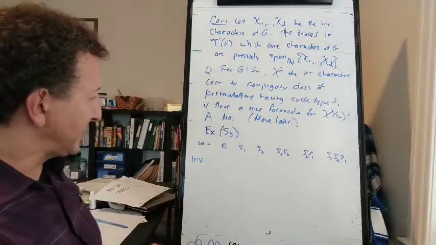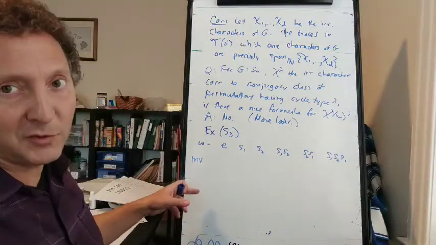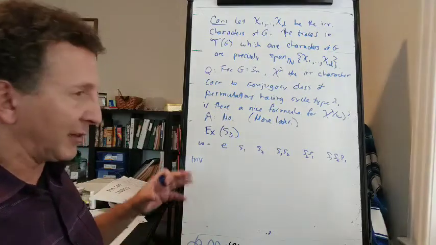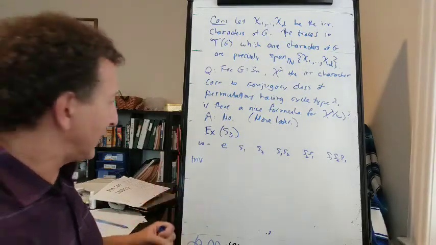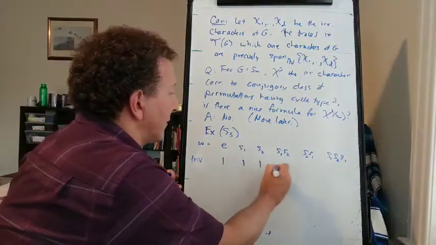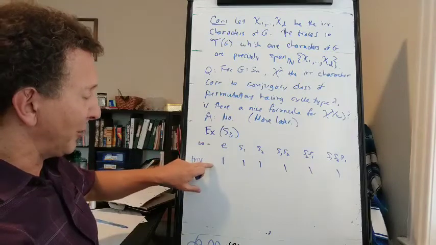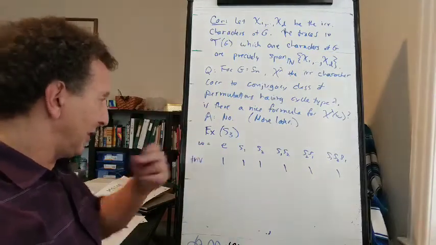Now, I should also mention that the character of a one-dimensional representation is equal to the representation, because when you take the trace of a 1-by-1 matrix, it's just that matrix. So if we represent every element of the group by the number 1, then the trace is just the number 1.